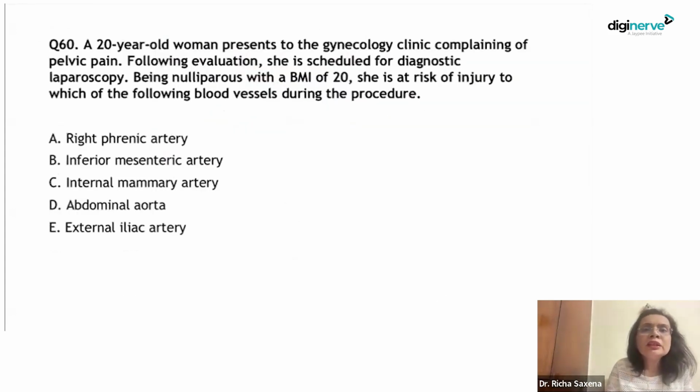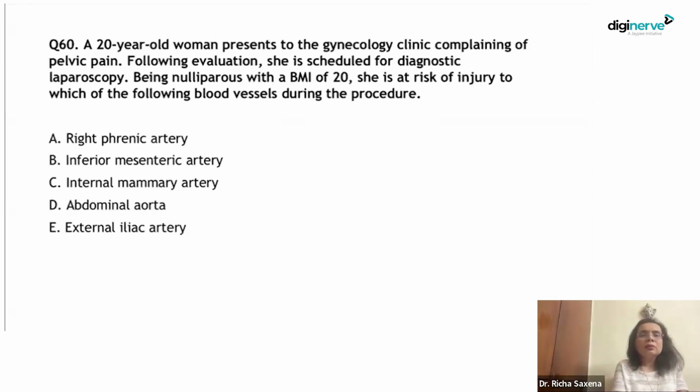So now coming to the next question. A 20-year-old woman presents to the gynecology clinic complaining of pelvic pain. Following evacuation, she is scheduled for diagnostic laparoscopy. Being nulliparous with a BMI of 20, she is at risk of injury to which of the following blood vessels during the procedure?